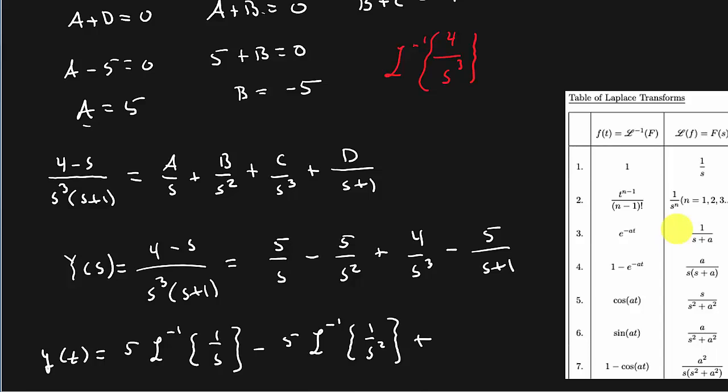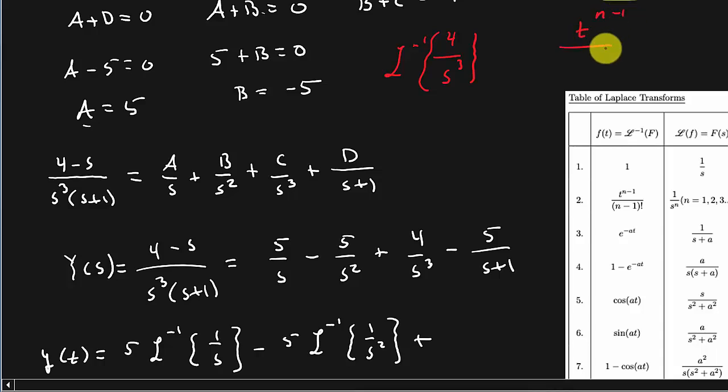So how would we go about doing this? If you notice, that's t to the n minus 1 over n minus 1 factorial, right? So for our answer, n is 3, so that's going to be t squared over 2 factorial, which is 2.